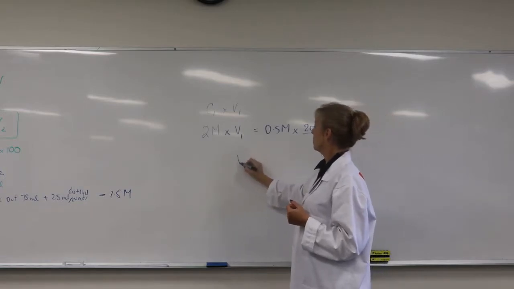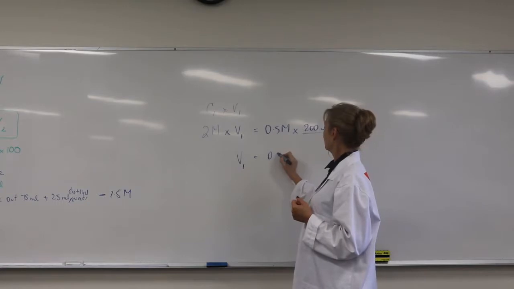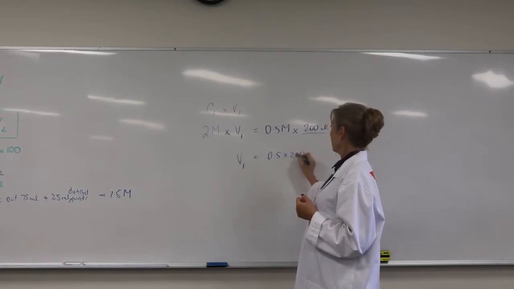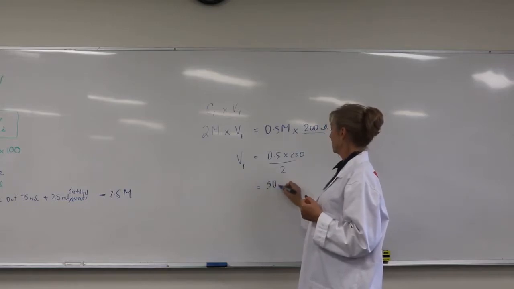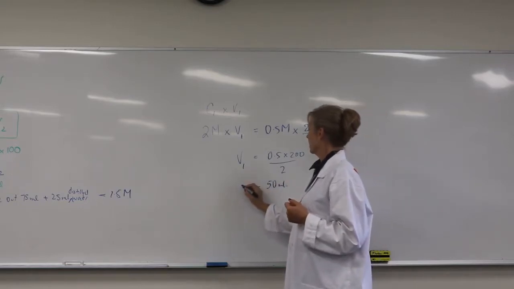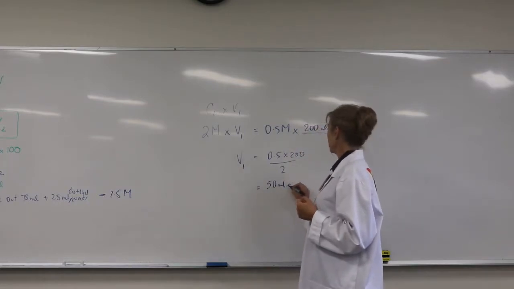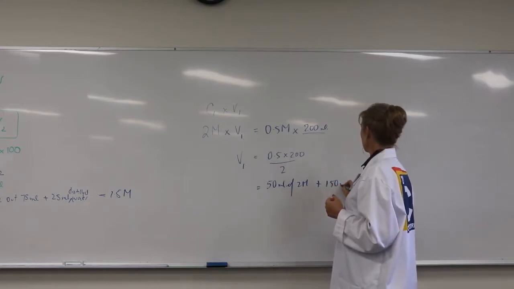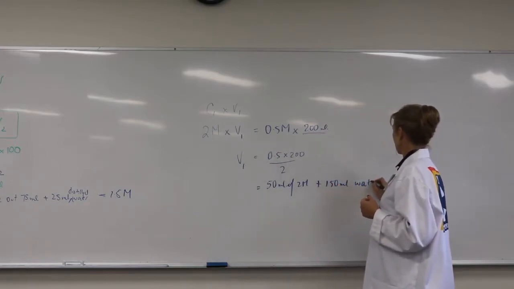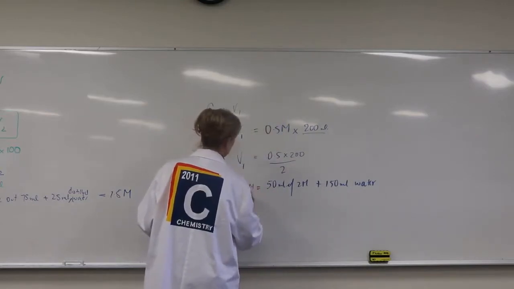So V1 is going to be 0.5 times 200 all over 2, which equals 50 mils. So what that's saying is you would have to add 50 mils of your 2 molar plus 150 mils of water to now have a 0.5 molar solution.